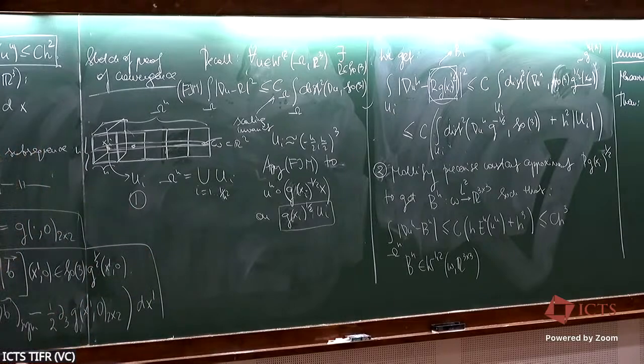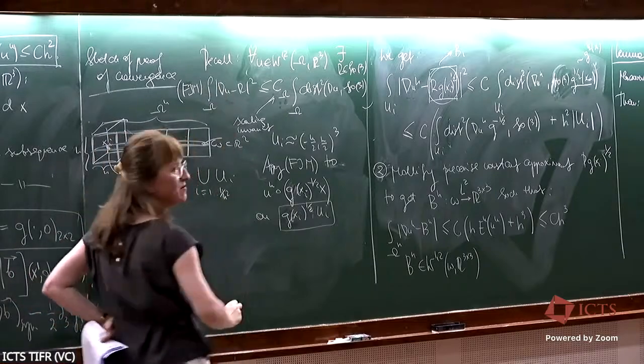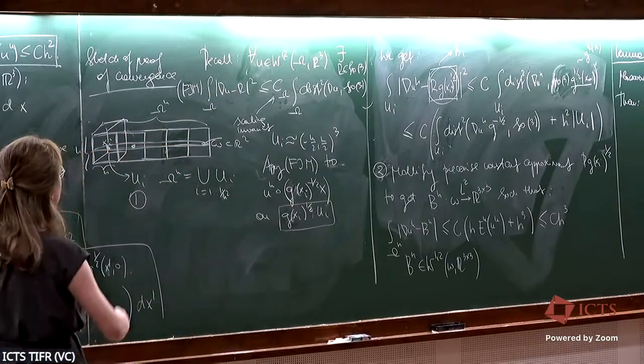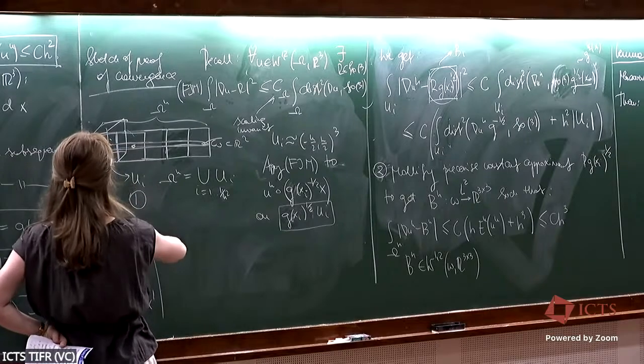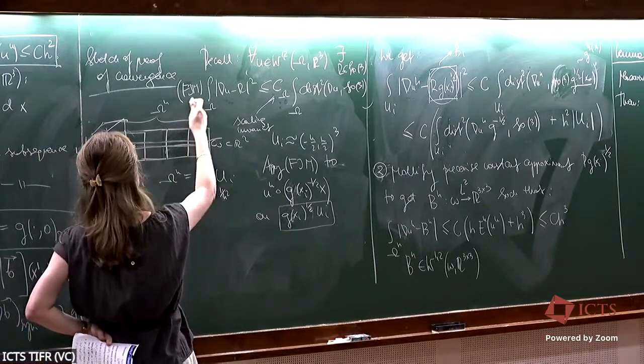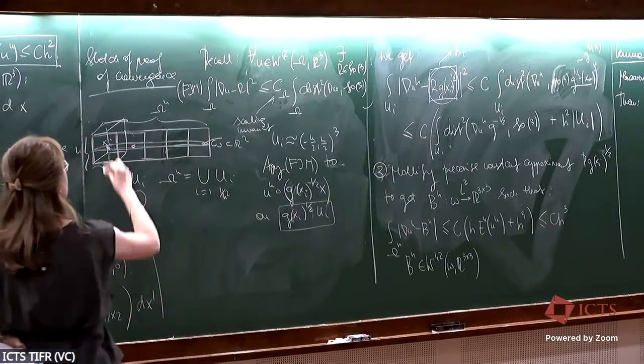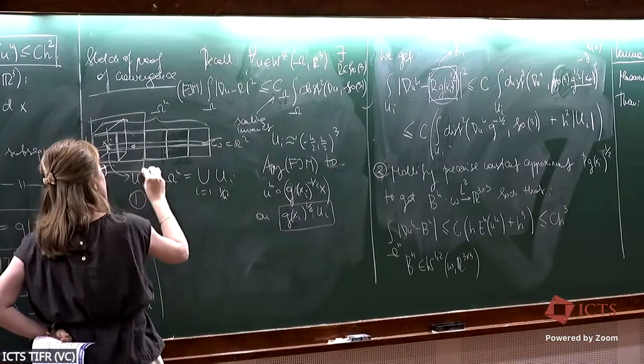So how can I know this difference quotient? This again comes from the FJM inequality. Namely, you say, oh, now I have 2 cubes. I applied FJM on the first cube, I applied FJM on the second cube, but I could have also applied FJM on the union of those cubes.